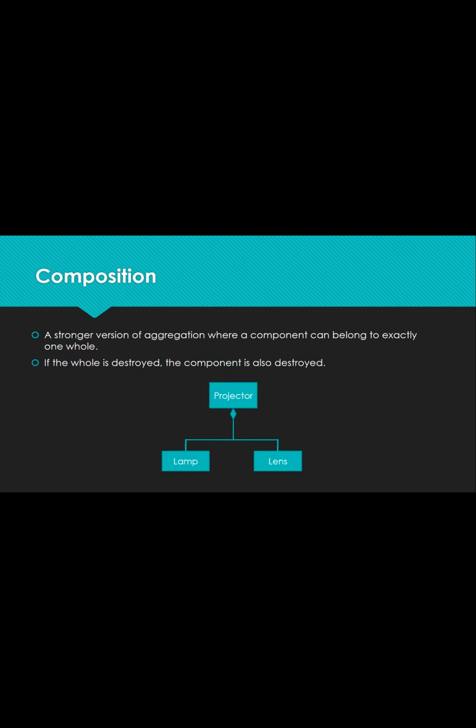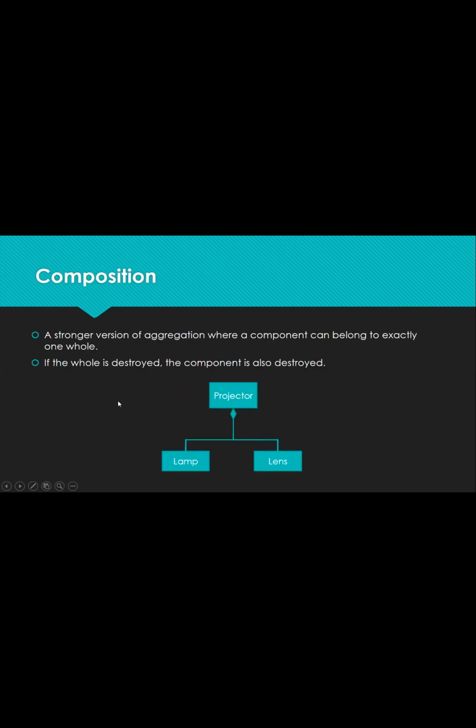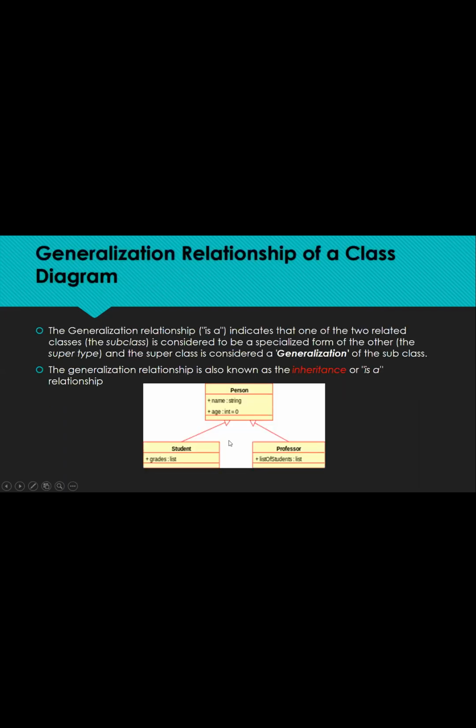So composition is a strong version of an aggregation where a component can belong to exactly one whole. That means this belongs exactly to this projector. Okay, you cannot remove it and keep it separately. So that kind of relationship is known as composition. Okay, so this is clear.